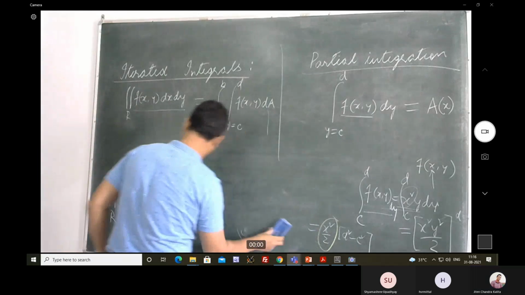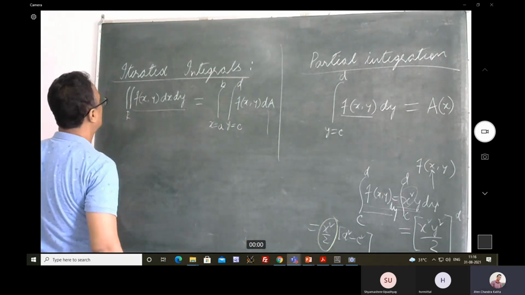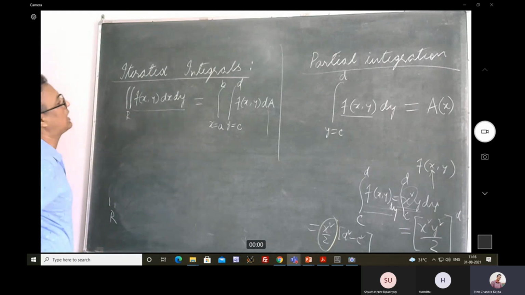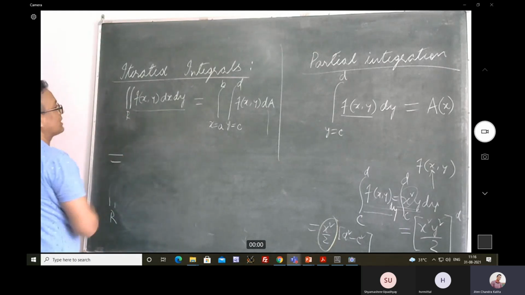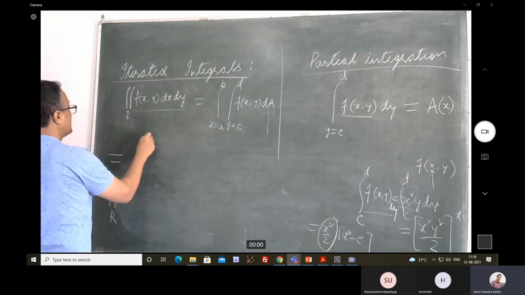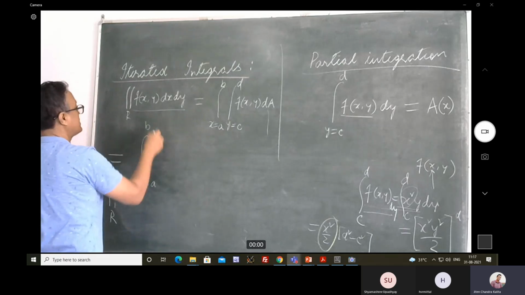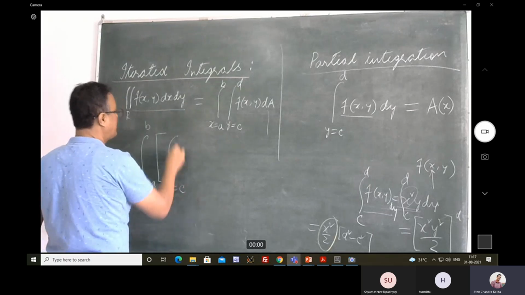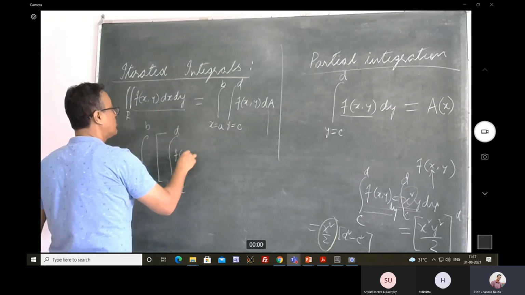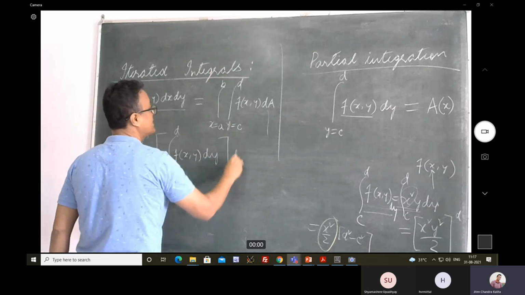So what we can do, if we are considering this integral over the rectangle R, I can think of it like x going from A to B, and then y going from C to D, f of xy, dy dx.